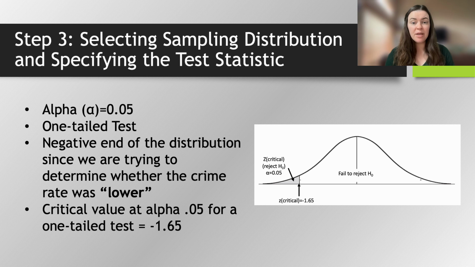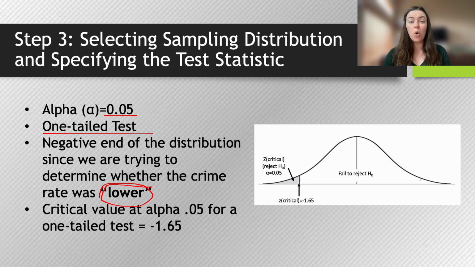Our third step is bringing together information from the initial problem in steps 1 and 2 in order to determine our z-critical cutoff points. And so with those things in mind, we know from the problem itself that our alpha level is 0.05. We also know that this is a one-tailed test because we specifically saw that the term lower was utilized in the problem.